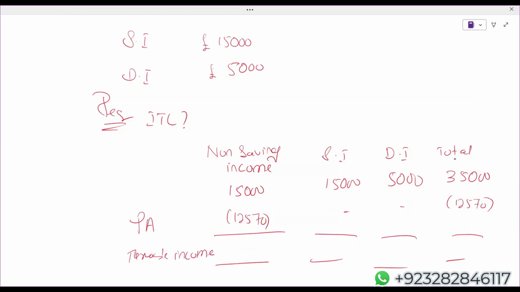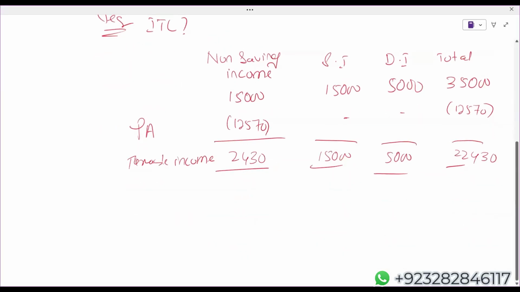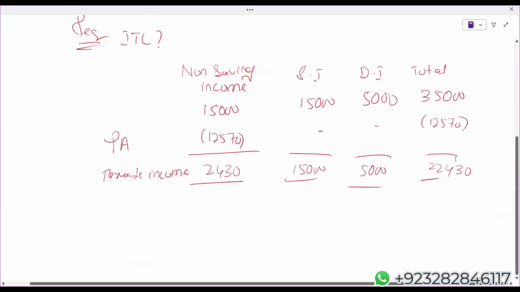Taxable income: 15,000 minus 12,570, 2,430. Saving is 15. Of course, when we apply the income tax rate, first we have to apply the tax rate on non-saving.